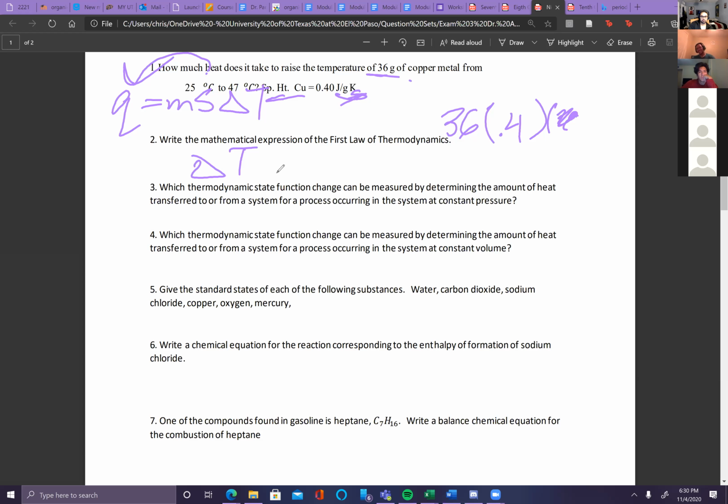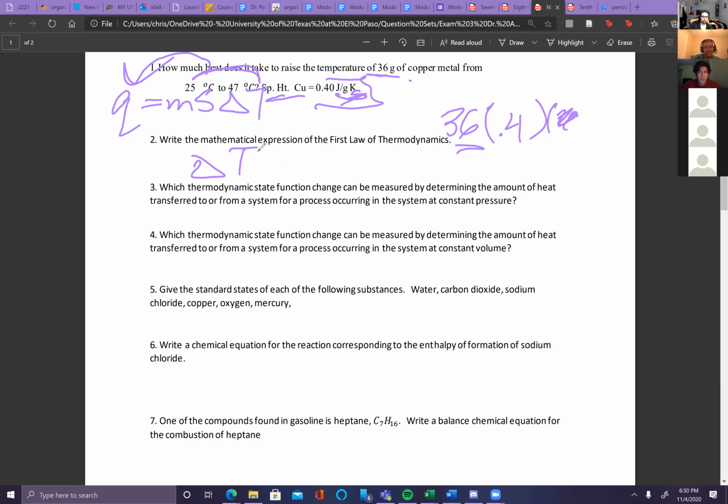We're only converting to Kelvin because of the units for specific heat; whatever those units are, that's what we need to have for everything. Since it's grams, this needs to be in grams. Since it's Kelvin, these need to be in Kelvin. Just look at the units you have for your specific heat and you're good.